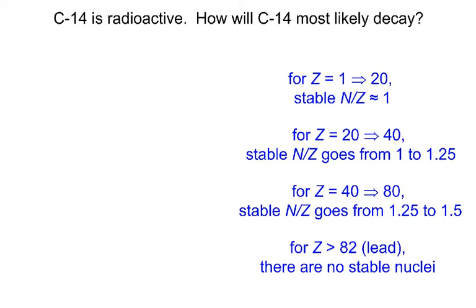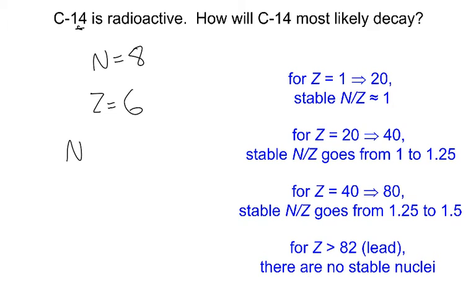All right, so we're told that carbon-14 is radioactive, so we want to know how it will most likely decay. You may want to pause to find these elements on the periodic table, but the atomic number for carbon-14 is Z equals 6. So if it has 6 protons and the mass number is 14, then 14 minus 6, the number of neutrons is 8.